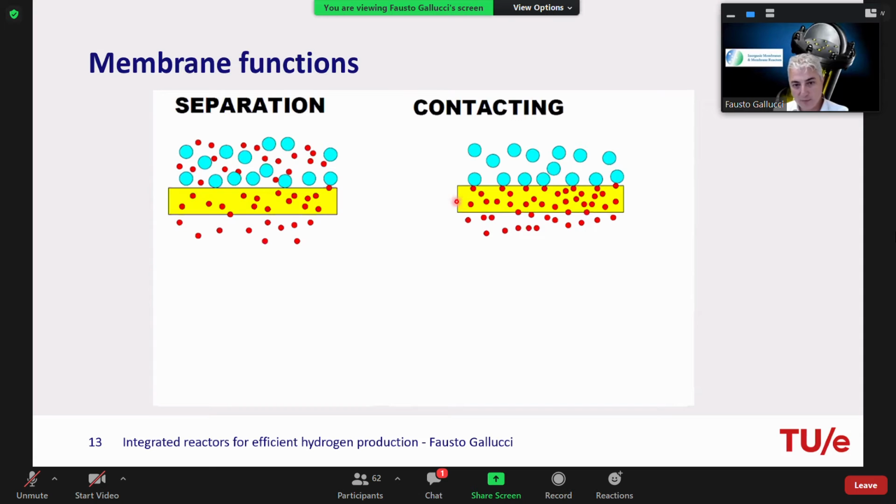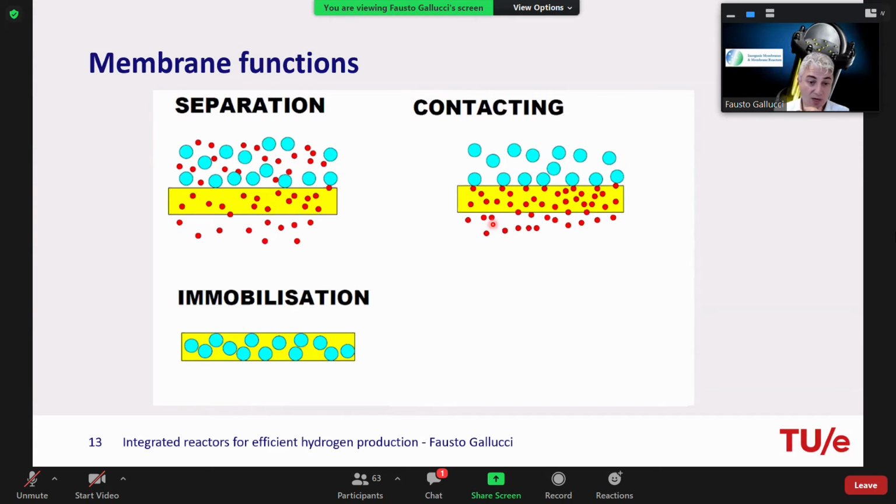And then if you play with the material of the membrane and the pressure of the two phases, you can make sure that the contact occurs only on the membrane. Then you can use immobilization, where you use the membrane to put a catalyst on it. Generally, the immobilization is more for when the catalyst is an enzyme.